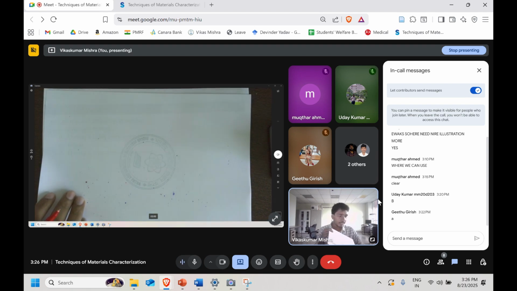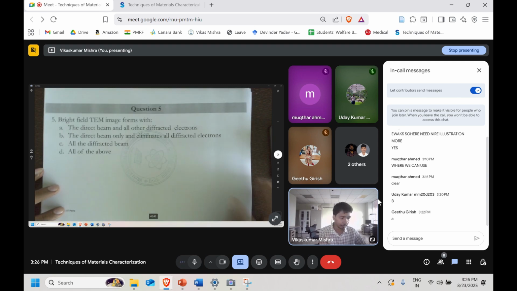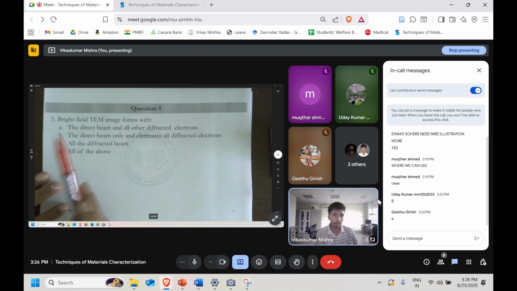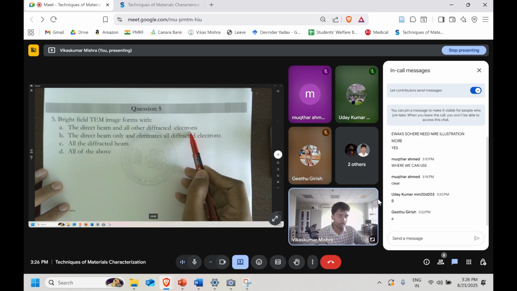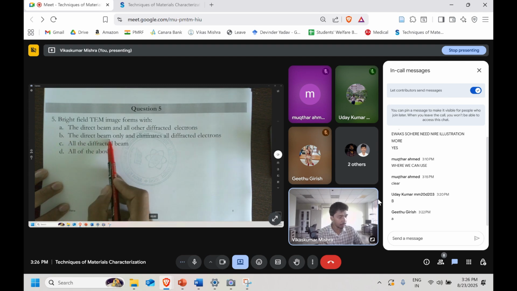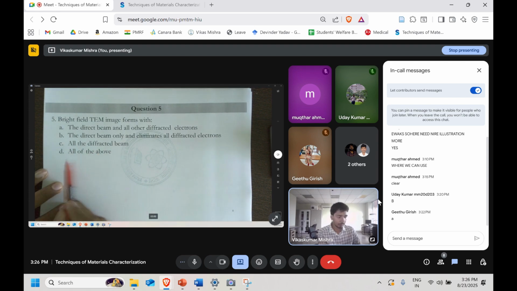Question number 5 is more or less related to the week 4 question that we have solved together. The bright field TEM image forms when, under what condition will bright field operate? The direct beam and all the diffracted beam electrons; the direct beam only, eliminating all the diffracted electrons; or all the diffracted beams.